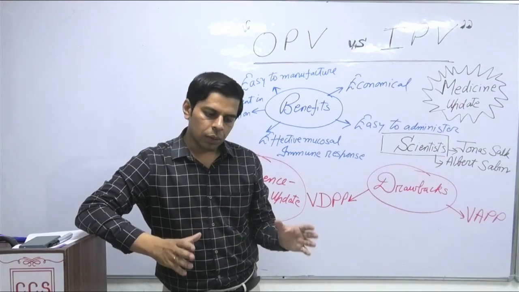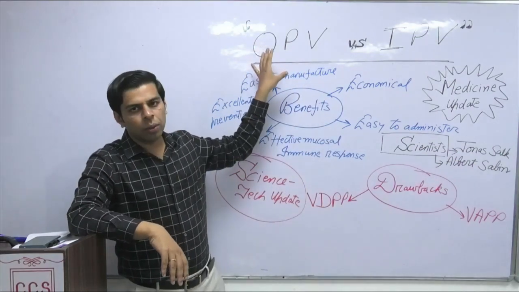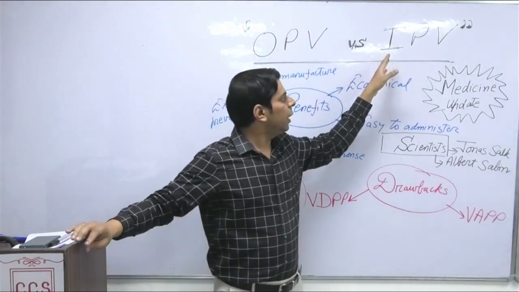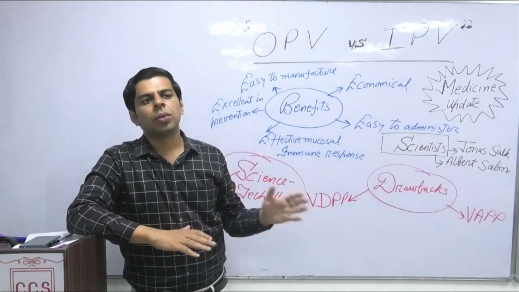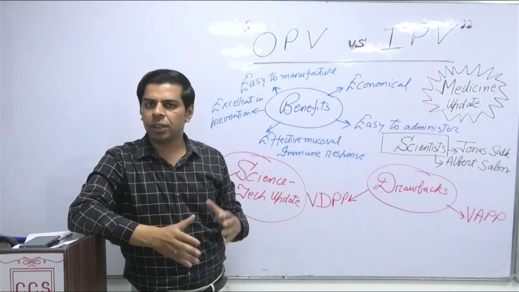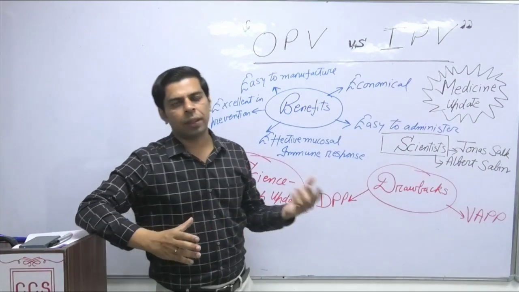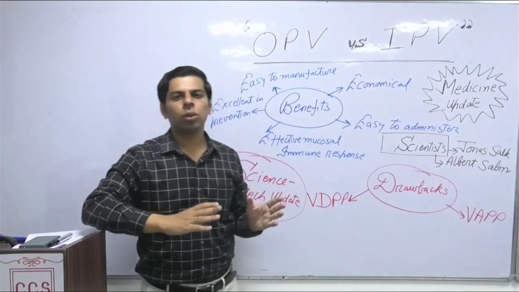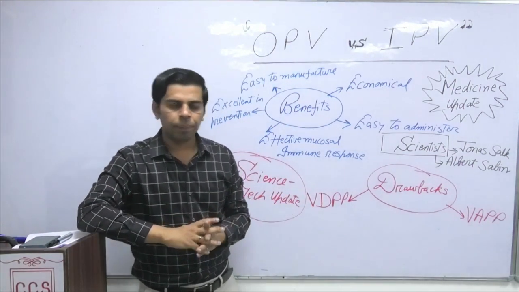So we will be focusing on the comparison between the oral polio vaccine versus the inactivated polio vaccine, because their modes of administration and efficacies are quite different, and we have to deploy different techniques, because polio continues to be part of Mission Indradhanush and the national immunization program.